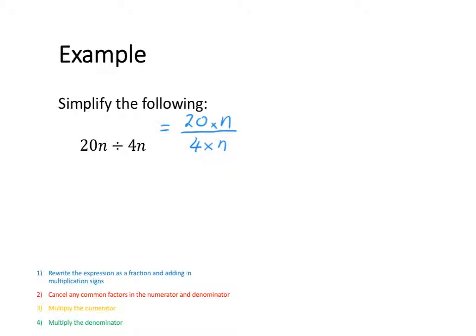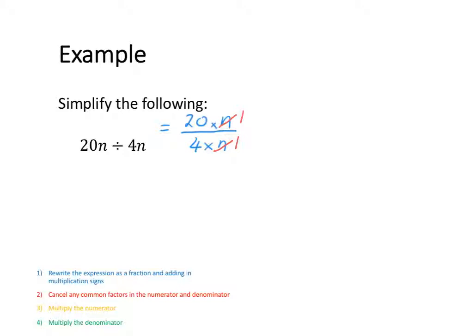So the next step is to cancel any common factors in the numerator and the denominator. So to start off looking at my variable n, I've got an n in my numerator and an n in the denominator. So I can cancel both of those out and they get replaced with a 1. I can also look at my numbers and I've got 20 and 4.